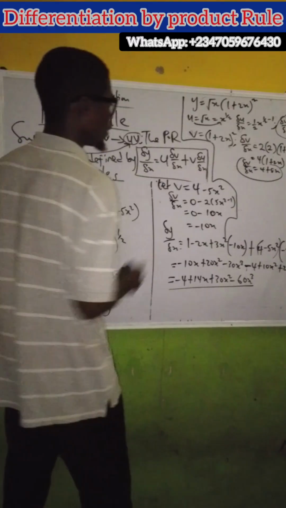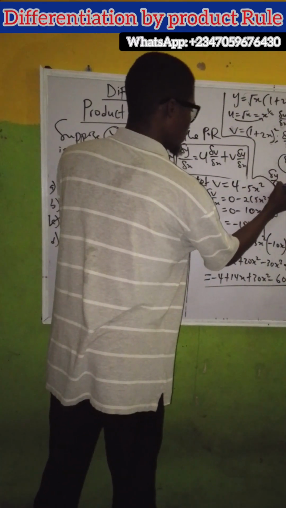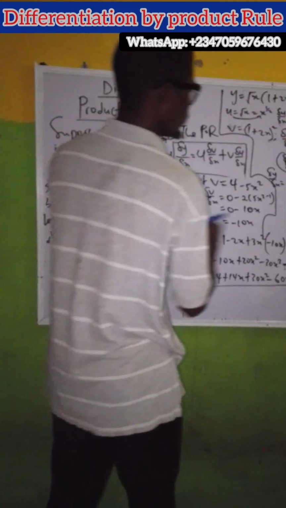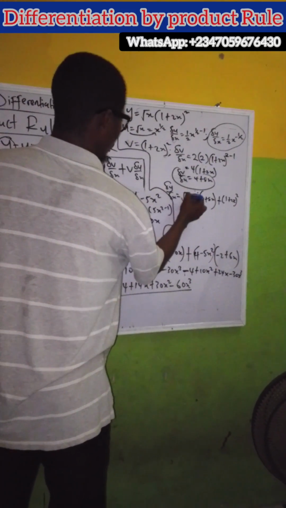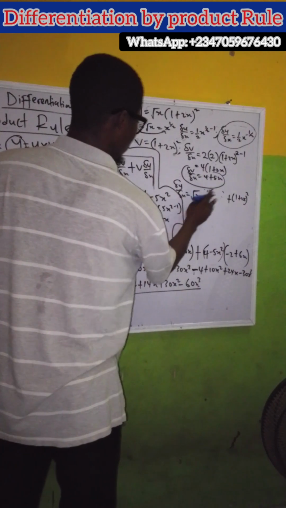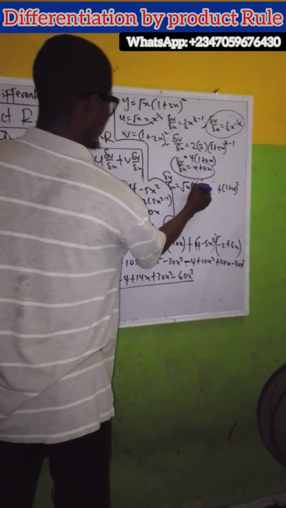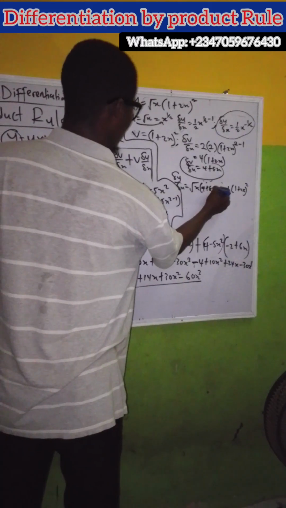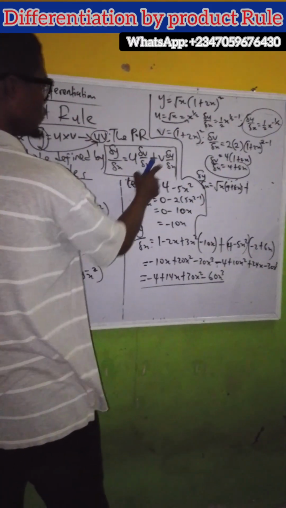Okay, so now let's use this guy here. So we now have dy over dx equals, our u is square root of x, into 4 plus 8x, then plus, what's our v?